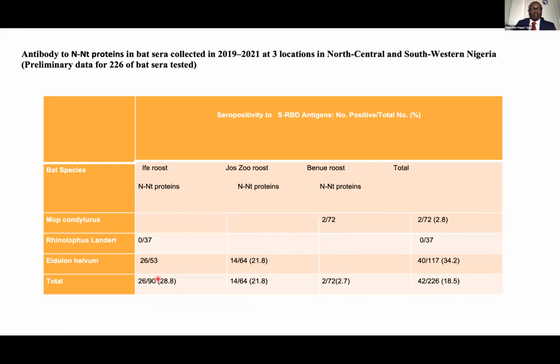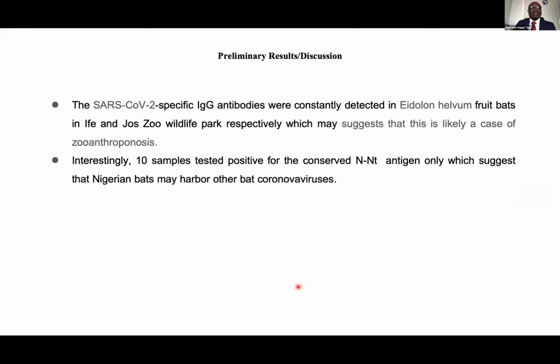You can see in terms of proportion 28% and then 21%, and overall we have about 18.5%. So from this study, we clearly see that SARS-CoV-2 specific antibodies were consistently detected in Eidolon helvum fruit bats in both the southern, the west and the central parts of Nigeria.